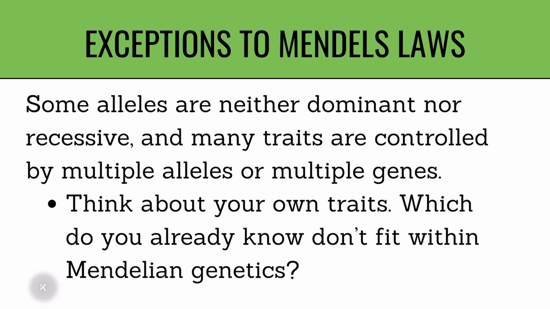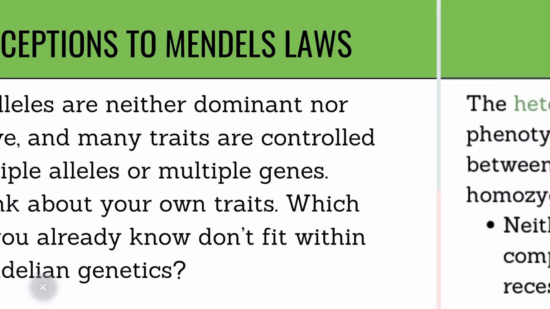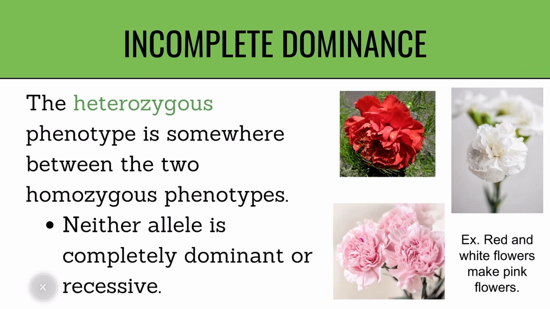So eye color, hair color, height, skin color, all of those things are not just either this or this, right? It's not you have blue eyes or green eyes. There's more than 2 options. So we're going to look at a couple of examples of how that comes about.